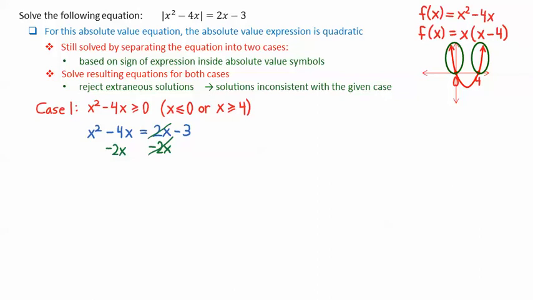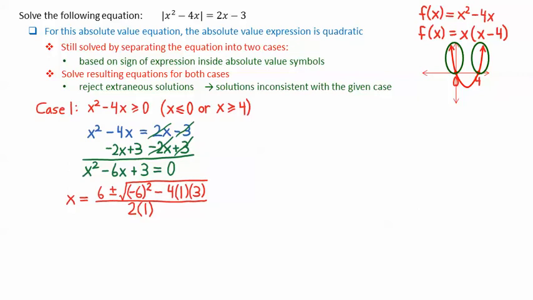Subtracting 2x from both sides and then adding 3 to both sides, we then have a quadratic equation with 0 on the right side. This equation does not factor, so I will solve this using the quadratic formula. x equals negative b plus or minus the square root of b squared minus 4ac, all divided by 2a.